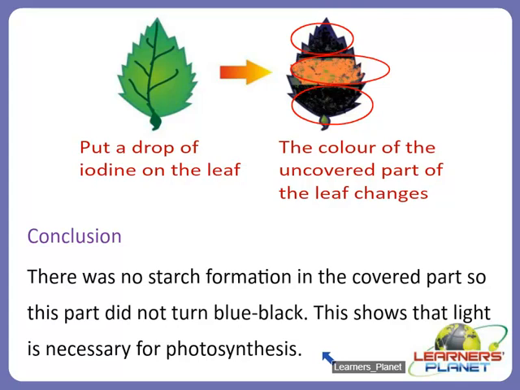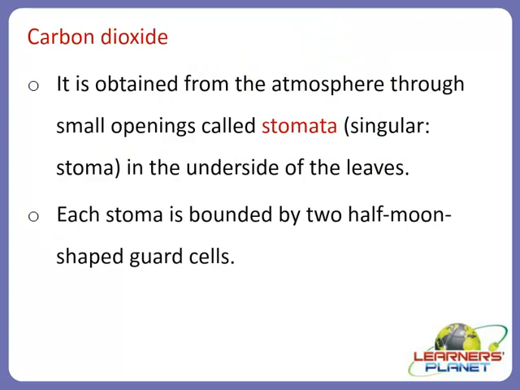After that, you keep it in the sunlight after removing the black paper. Then the covered part has no reaction and the uncovered part had a reaction, and that is why it turned blue-black. And that is why we can say that light is necessary for photosynthesis.